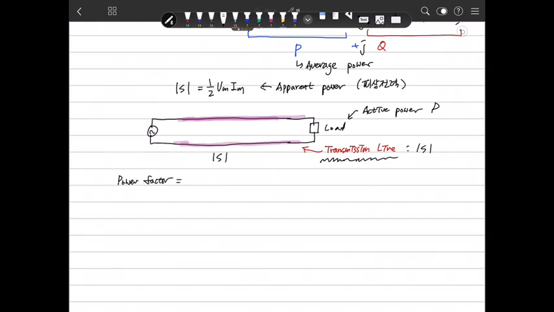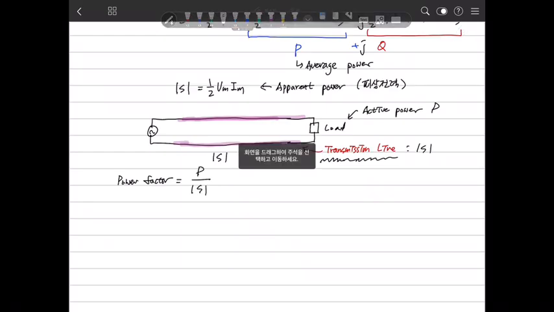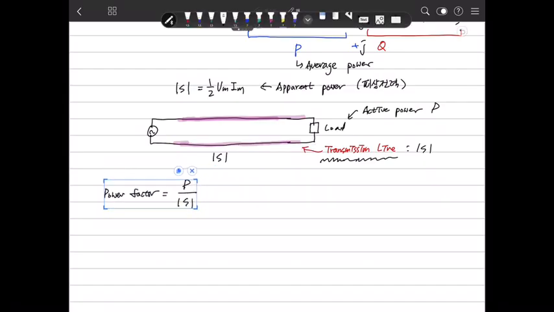It is defined in this way: the ratio of active power to apparent power. This shows how efficiently the power is delivered through this transmission line. We call this the power factor.